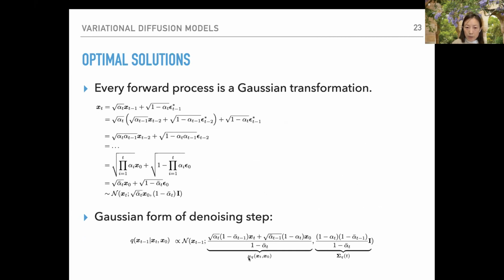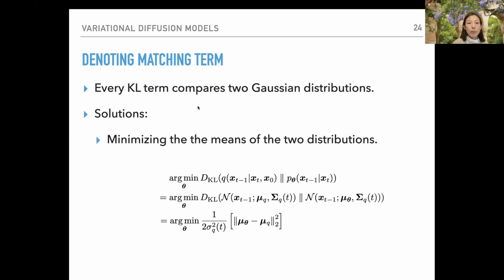So we can get mu_q and the standard deviation of the Gaussian distribution. Based on this formula, because every KL term compares two Gaussian distributions, to get the solution we can minimize the difference between the means of the two distributions. So here is the denoising matching term. We can minimize mu_theta against the true distribution.